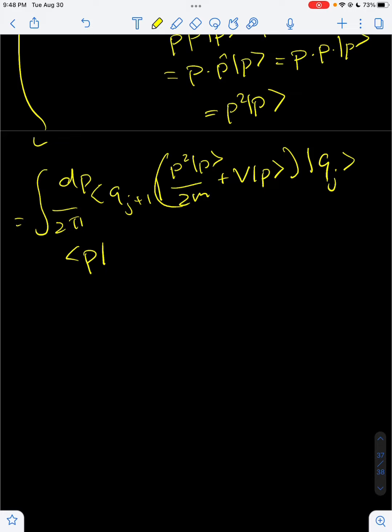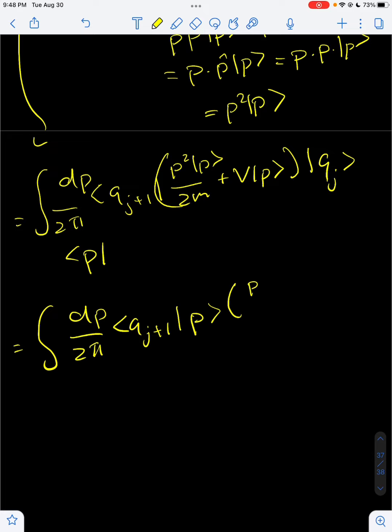And that's going to give us an integral dp over 2 pi <q_{j+1}|p> times p squared over 2m plus V, and then <p|q_j>.